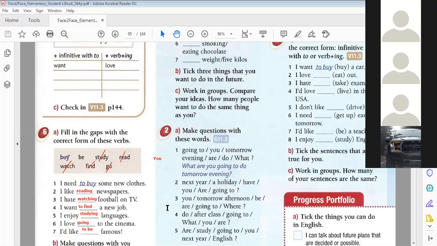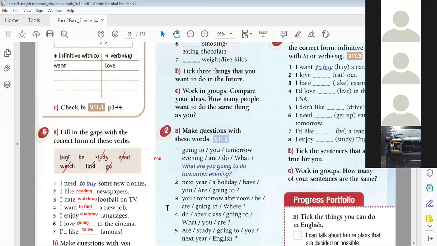What would you buy? Why would? Use the present simple. What is your need buy?